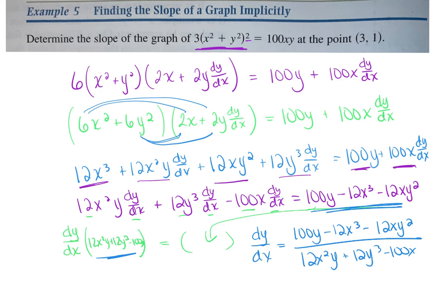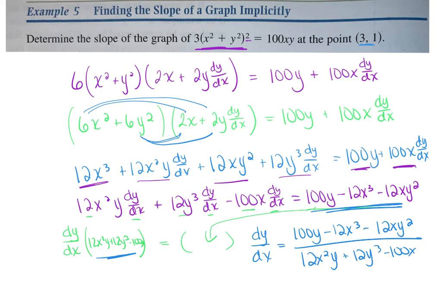And once you do that, you can just plug it in. So if they ask for the slope, you're going to have to plug in your x's and y's. If they ask for the derivative, you're done, right? So it just depends on what they're asking for to find out if you can or cannot reduce it, do it.